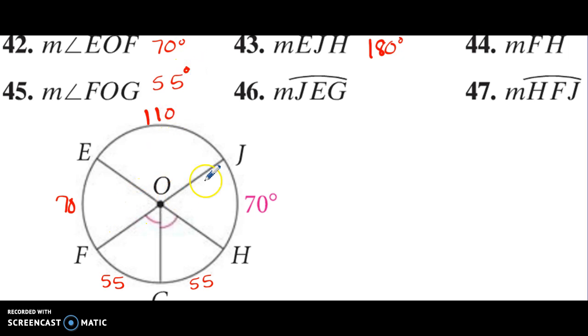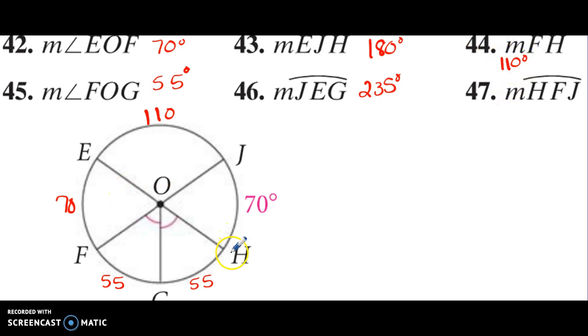If we're looking at arc JEG, 110 plus 70, that's half of my circle, that's 180, plus 55, that's going to give me 235. If I'm looking for arc F to H, that's these two, 55 and 55, so that's 110.